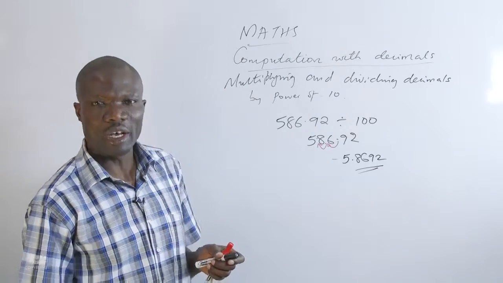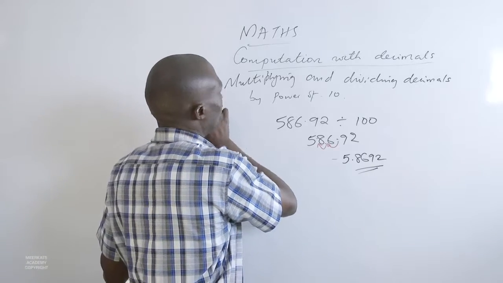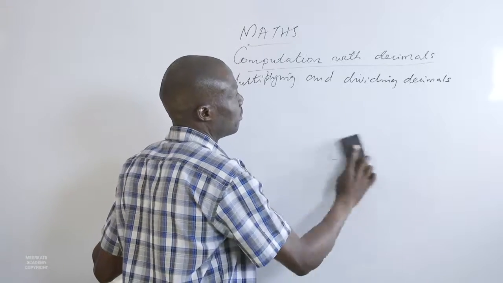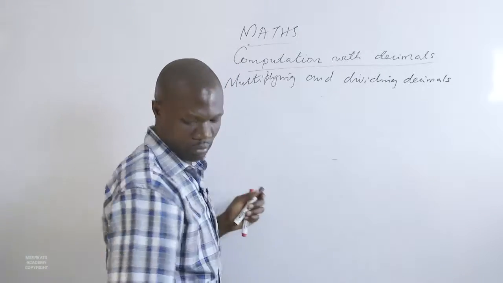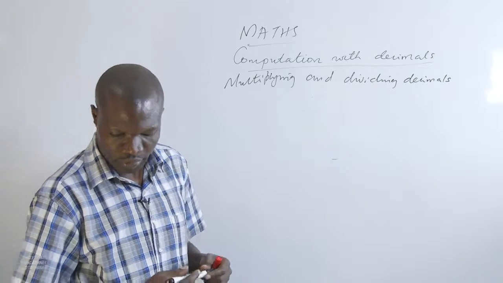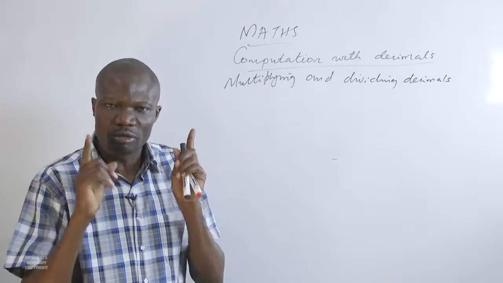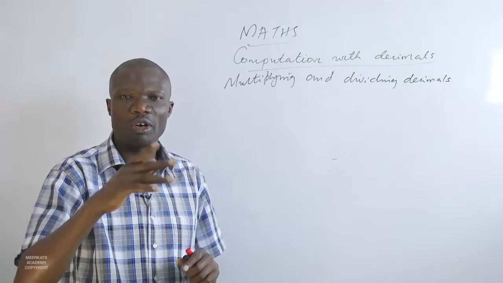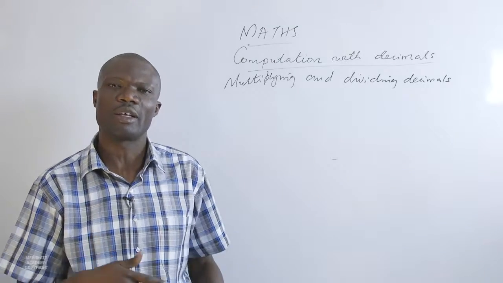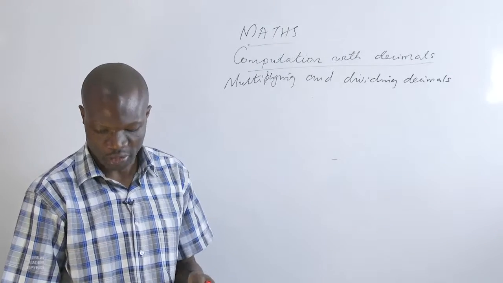How about when we are now dealing with decimals to decimals? Now, when multiplying decimals alone, point number 1, ignore the decimal points and carry out the multiplication just as ordinary multiplication of integers.